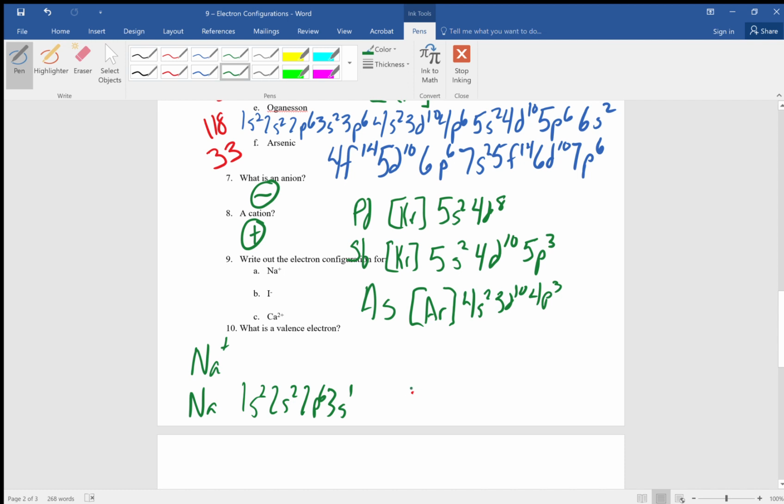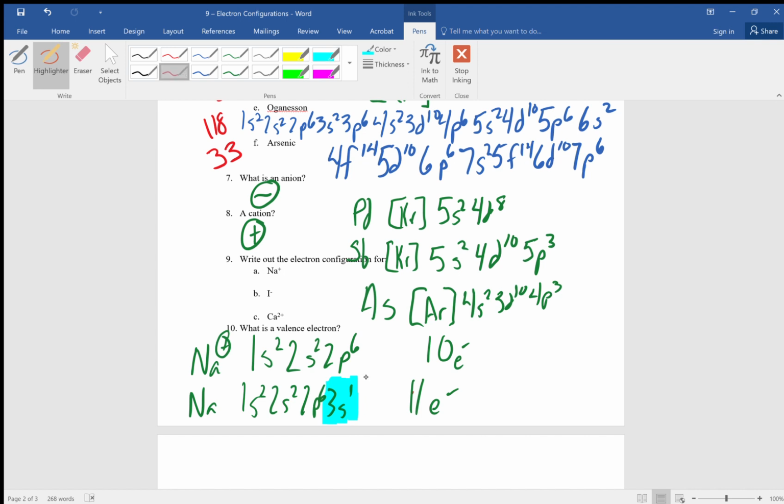And that's because it has 11 electrons. But if it's sodium plus, that means we've lost an electron. And instead, we have only 10 electrons. Which one goes away? Well, it's the highest energy one. And so we get 1s2, 2s2, 2p6. That 3s electron is the highest energy electron, and that's the one that gets lost when it loses an electron.